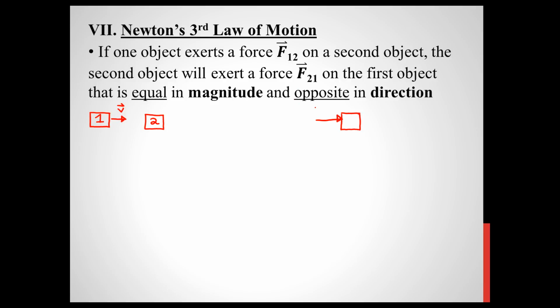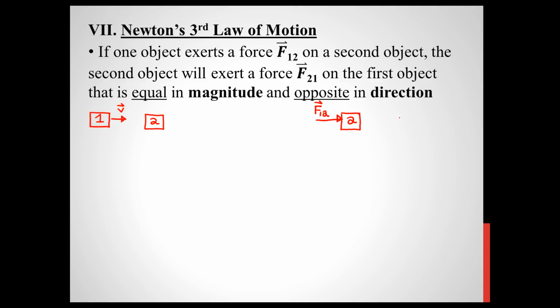object 1 would exert a force on object 2. So if I'm object 2, I would feel the force from object 1 on object 2. So that's F12, it just means the force 1 exerts on 2, and it'd be a force that's towards the right.